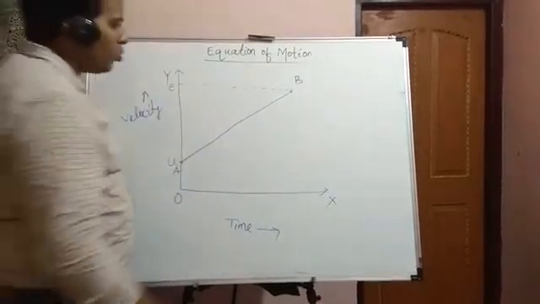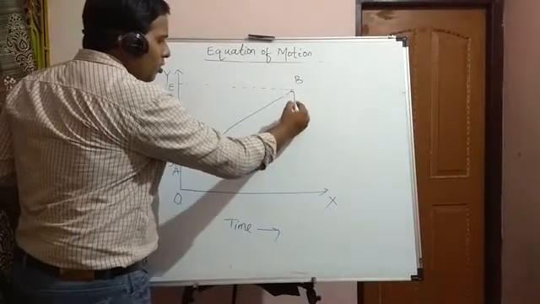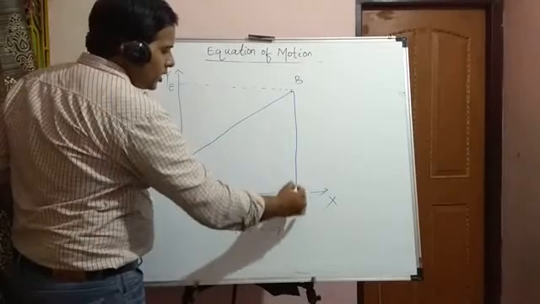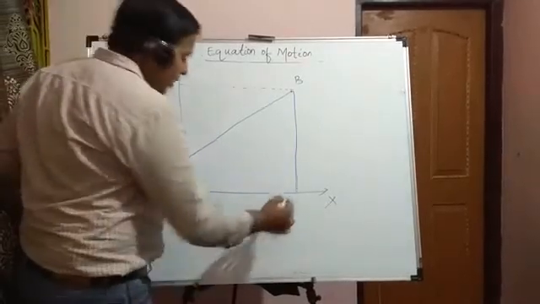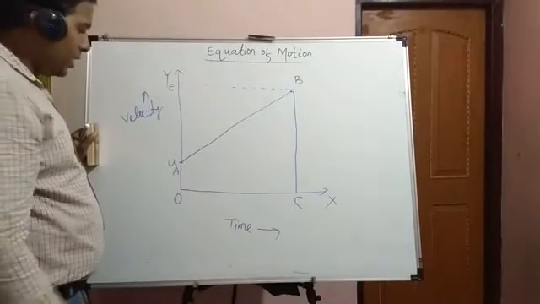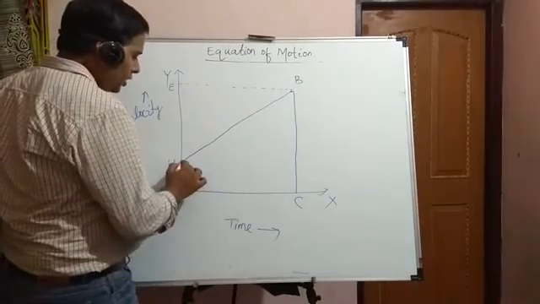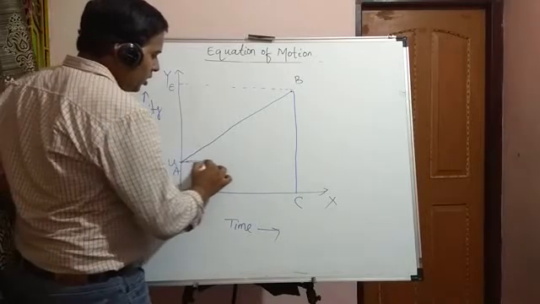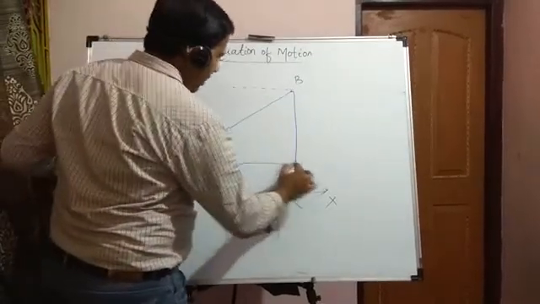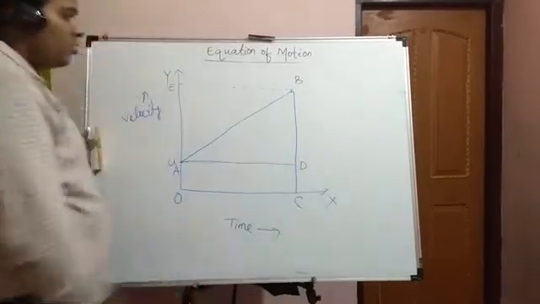Now we draw a perpendicular from B to the x-axis, and it meets here at C. Next, we make a line parallel to the x-axis, and it meets here at D. I am explaining again what we have taken.